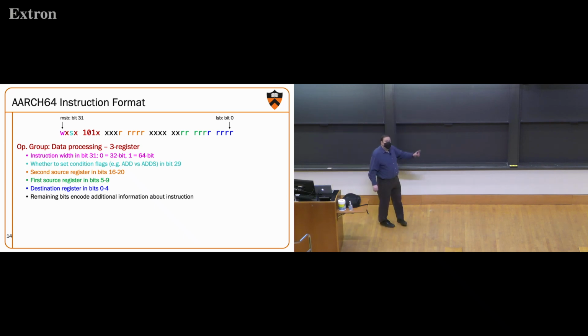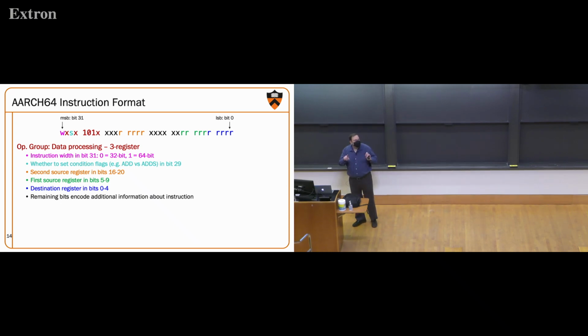Here we are numbering the bits using a pretty common convention where the least significant bit, that is the bit all the way at the right, the ones place, if you will, is called bit 0. And because this is a 32-bit instruction, the bit all the way at the left, the most significant bit, is numbered bit 31.